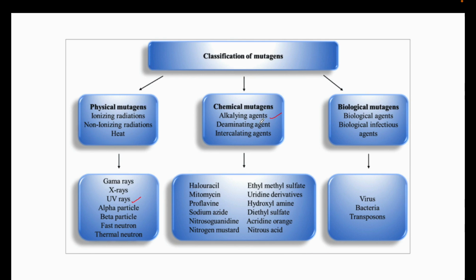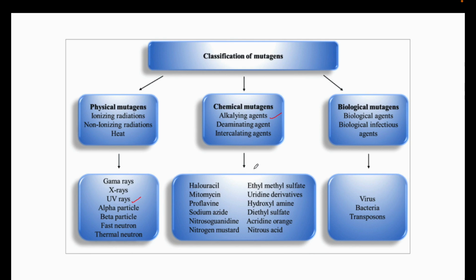Deaminating agents can deaminate the purine and pyrimidine residues; they eliminate the amino groups on the purines and pyrimidines. And then we have intercalating agents. We are all familiar with EtBr, which is the most common example of an intercalating agent.